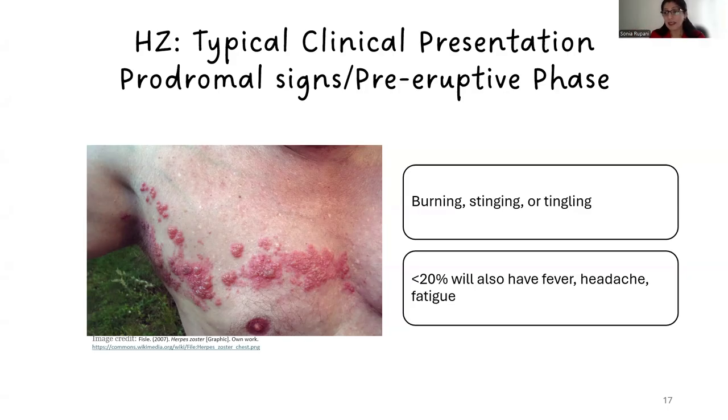You can imagine, with the dermatomes we spoke about, it could be any dermatome. Because there's no rash yet, this is all happening before the lesions come out, so the patient's condition may be misinterpreted or misdiagnosed. If they're complaining of discomfort in the chest area, we may worry about angina: is this cardiac related? Or it's the right upper quadrant with sharp, stabbing pain, and it may be the gallbladder.